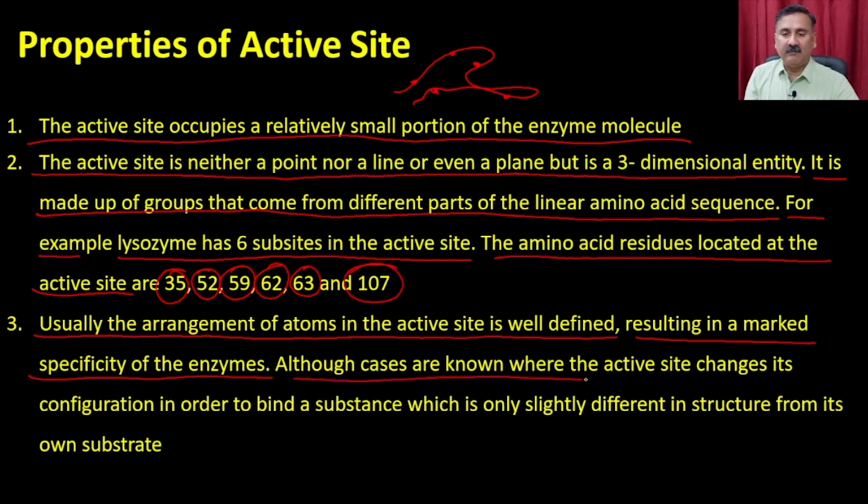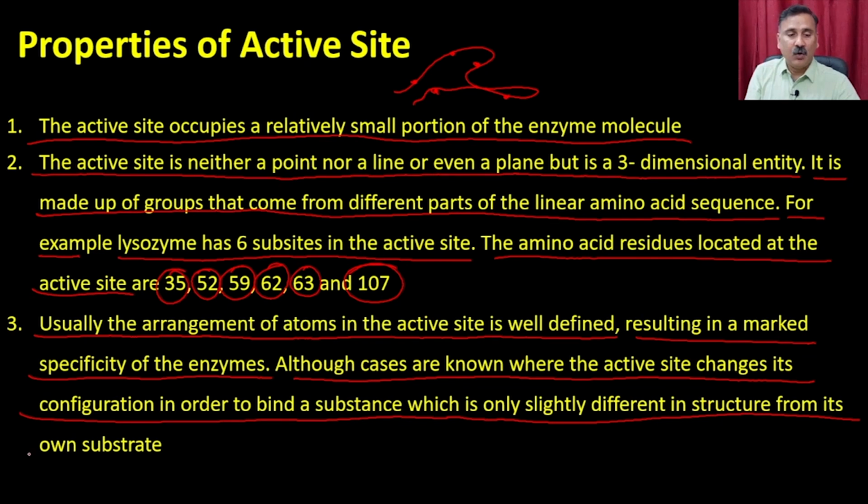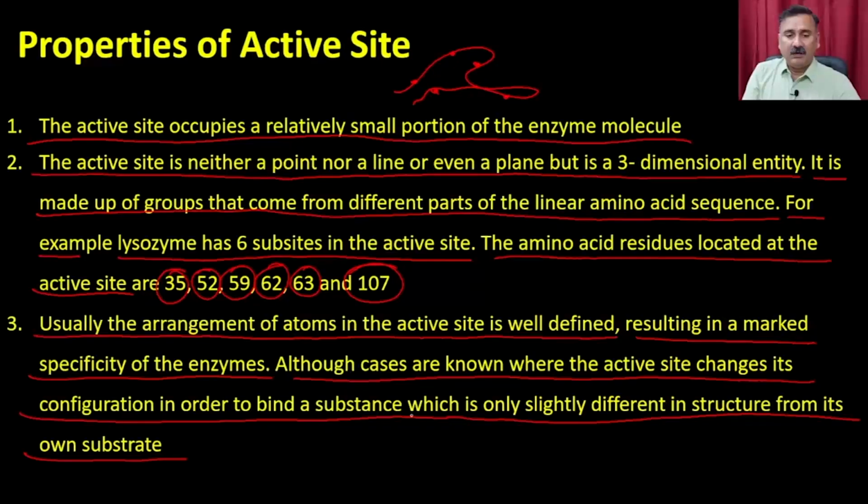Although cases are known where the active site changes its configuration in order to bind a substance which is only slightly different in structure from its own substrate. So this is the third point. What you see here is that the active site is not a rigid space. It can have fluidity, and it can change its configurations as well as conformations to bind a particular substance.